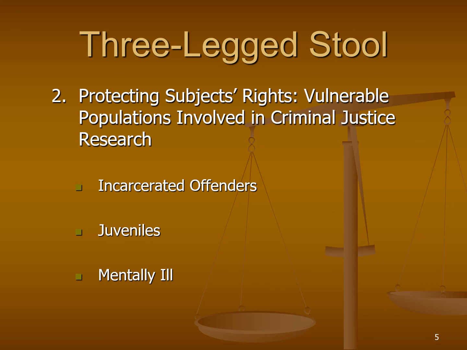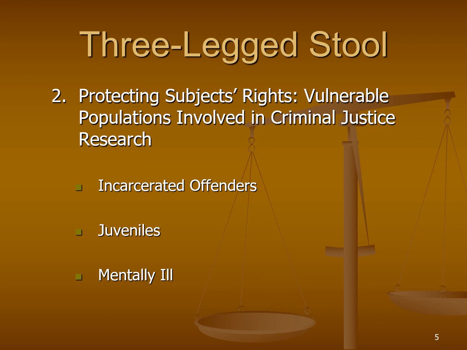And in your reading, and as we'll discuss in a little bit, one of the safeguards we have when working with juveniles is that oftentimes it's not just the juvenile who provides the voluntary informed consent to participate, but also their caregiver or their guardian also needs to provide that same consent.